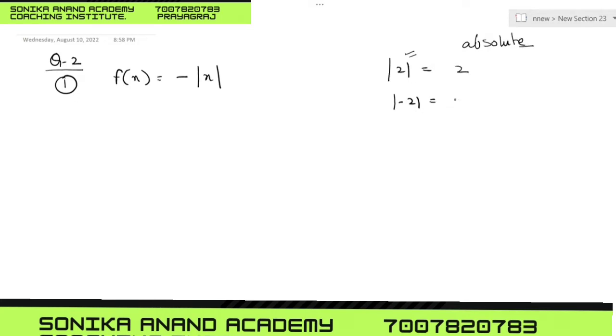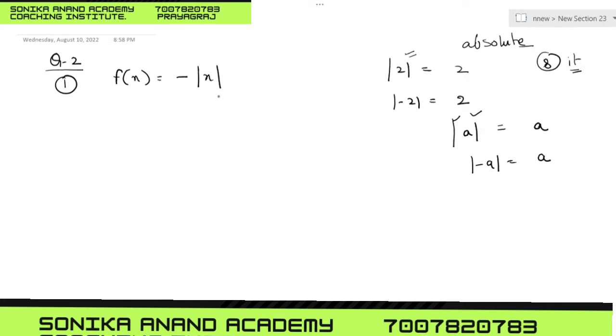If we have minus 2, then we again write 2. In the 8th class, it was told to each student in the CBSE board. Any number written under these absolute lines always results in a positive number. Clear? Yes, ma'am.